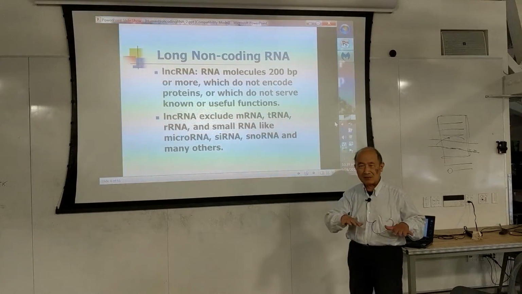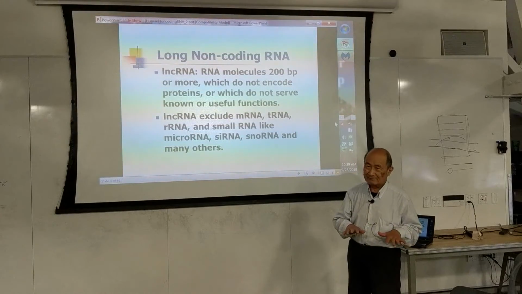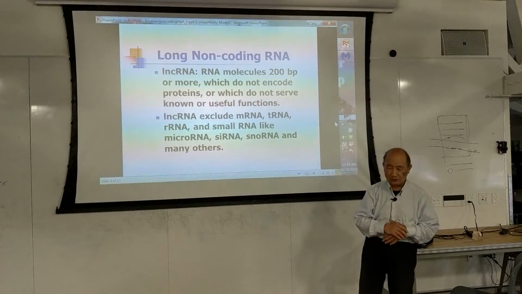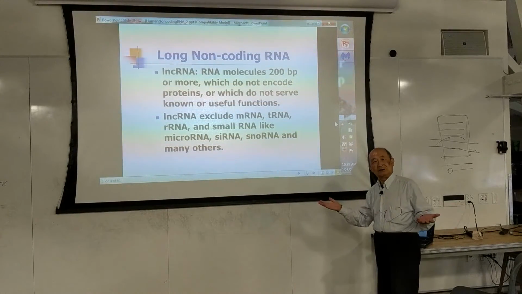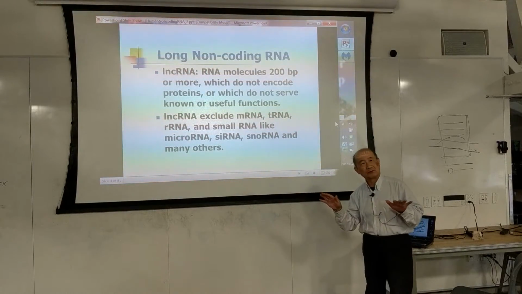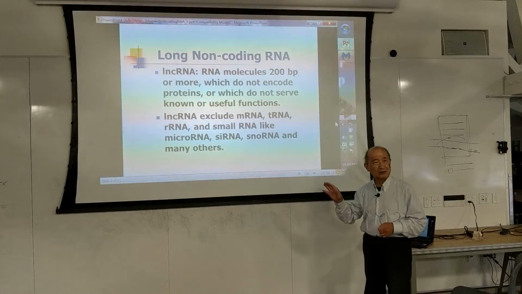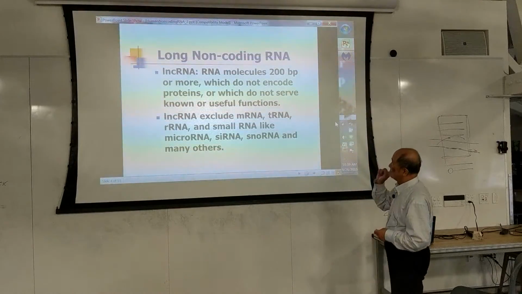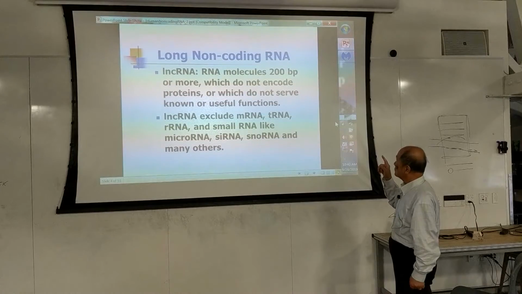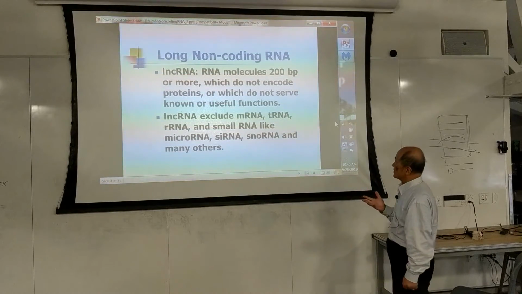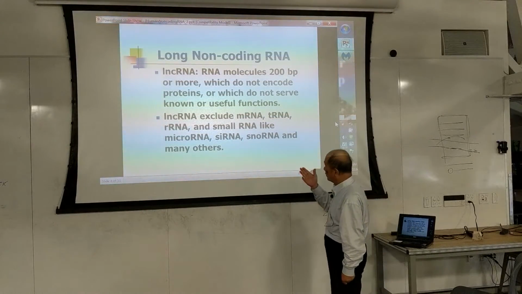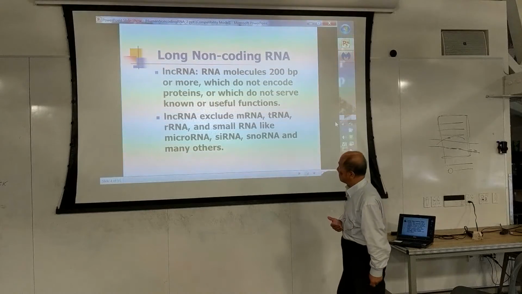And people know that these RNAs are not used to produce protein. And now what are they used for? So they call these RNAs, which are not used to produce protein, long non-coding RNA. And these long non-coding RNAs are RNA molecules which have 200 or more base pairs, and which do not encode proteins, or which do not serve known or useful functions. So for long non-coding RNA, there are lots of different DNAs.